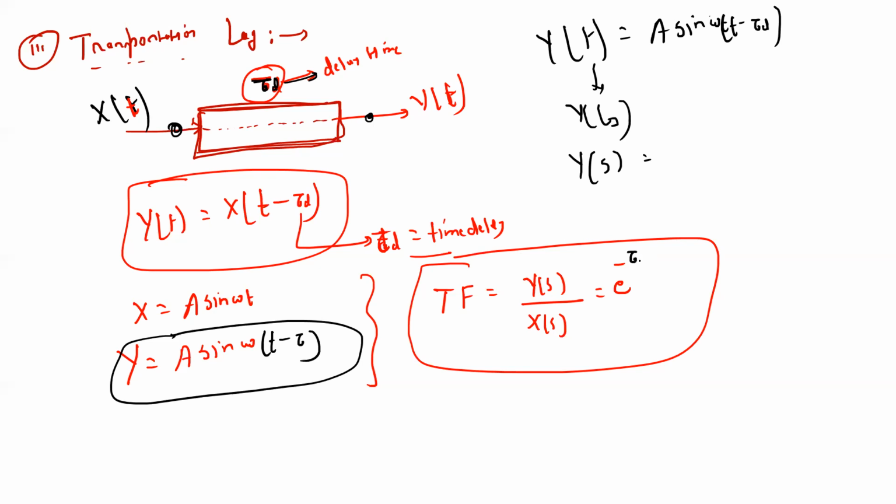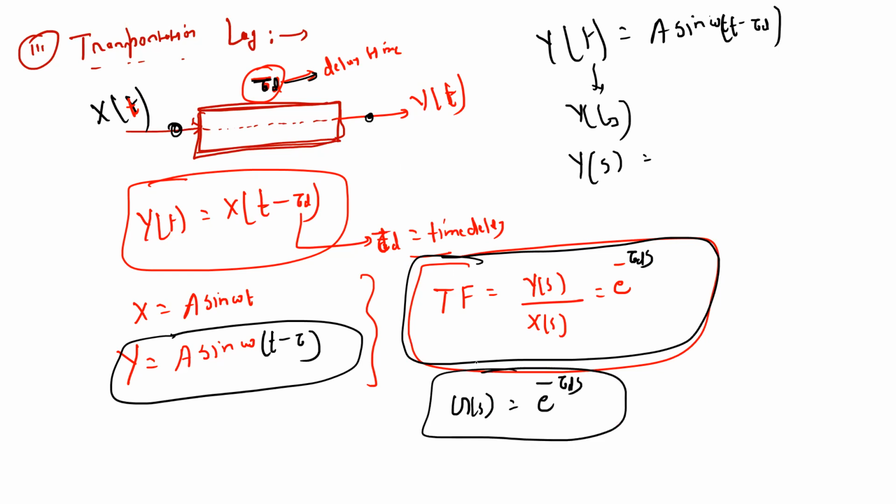That is minus tau d s, right? This is very important. You only need to understand these things: e to the power minus tau d s. So this is your G(s). You have got G(s) equal to e to the power minus tau d s. This is your transfer function, right?